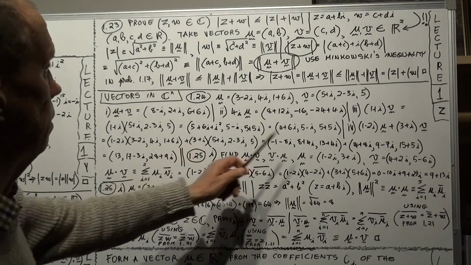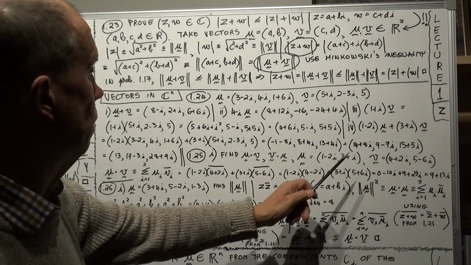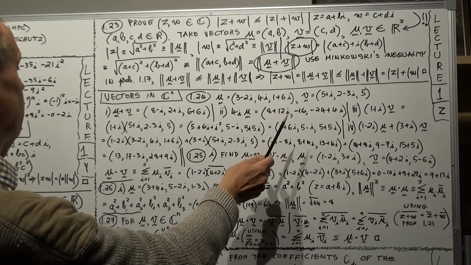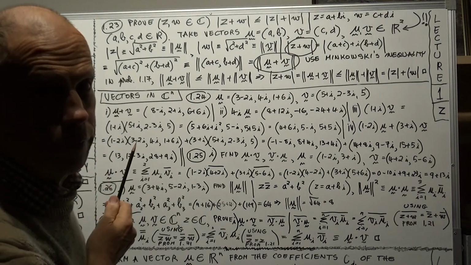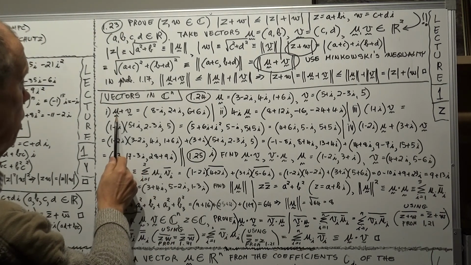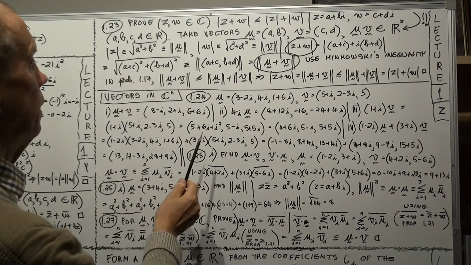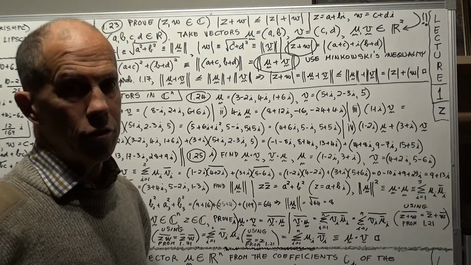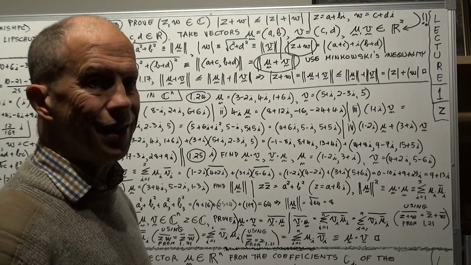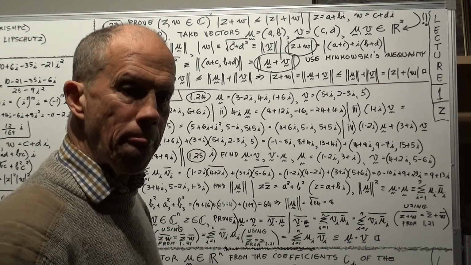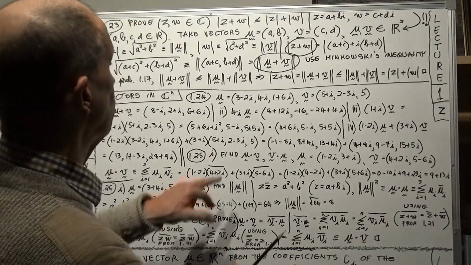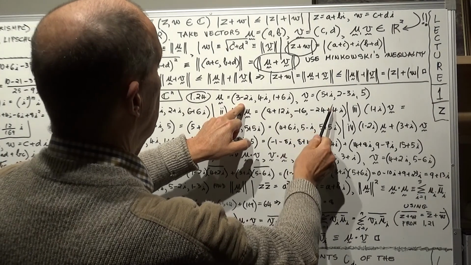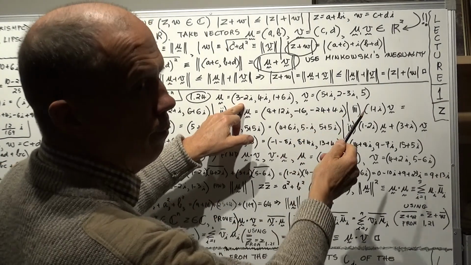All right, so let's see how many parts in this question. 1, 2, 3, 4 parts. The first is just vector addition. You're adding two complex vectors, this vector to that vector. Remember in vector addition, you just add the corresponding components. So you'll add this to this.